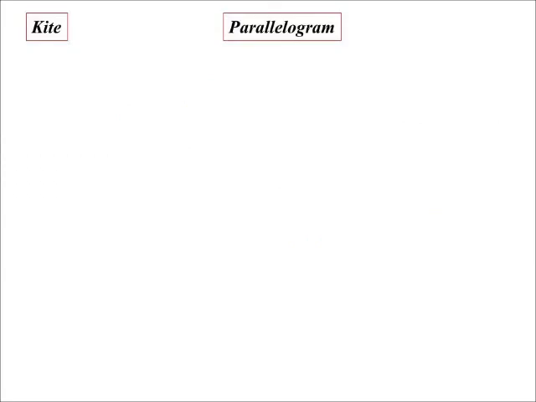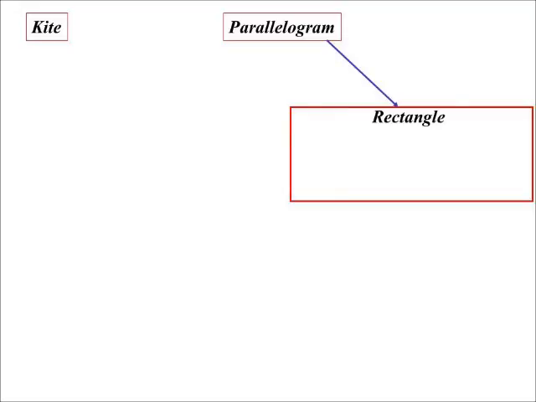Okay, kite, parallelogram. Branching off the parallelogram, we now have rectangle. So we're taking a step further where now the angle is 90 degrees. And you only really need to know one angle is 90 degrees. If you know it's a parallelogram and you've got one angle 90 degrees, that's enough. You don't have to go and show all four, because of course all our parallel line theorems, you could prove they work quite easily.